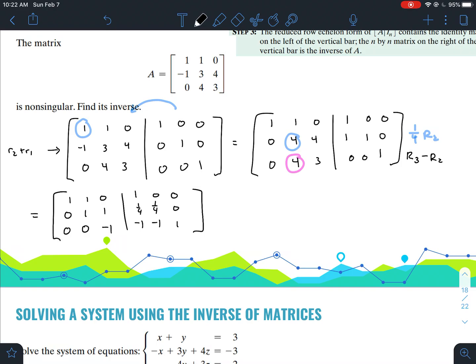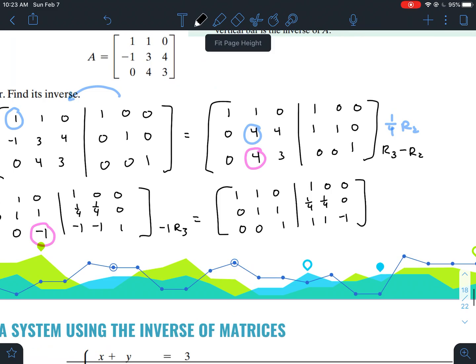All right. So now I need this number right here to be positive 1, so I'm going to do negative 1 times row 3. And I would get 1, 1, 0, and then 1, 0, 0. Then 0, 1, 1, and 1/4, 1/4, and 0. And I'd get 0, 0, 1, 1, 1, negative 1.